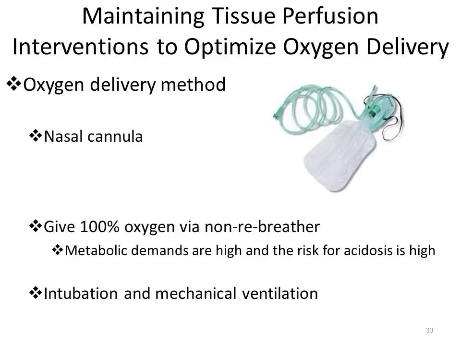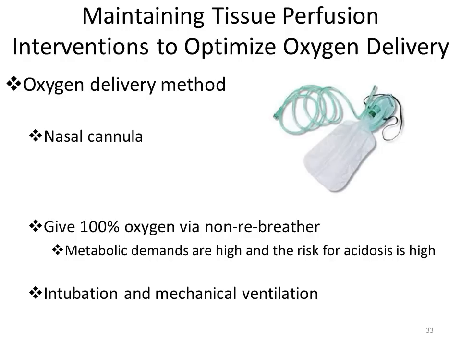So first we can start with a nasal cannula for patients who are conscious, spontaneously breathing, and have adequate gas exchange. But for patients who are unconscious or demonstrating some respiratory distress, intubation and mechanical ventilation are usually required.